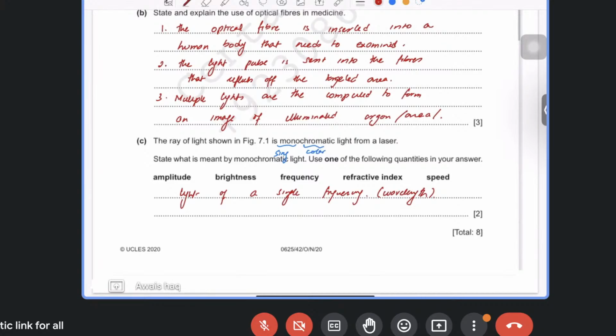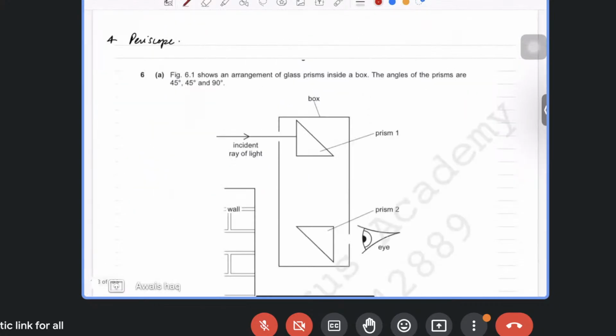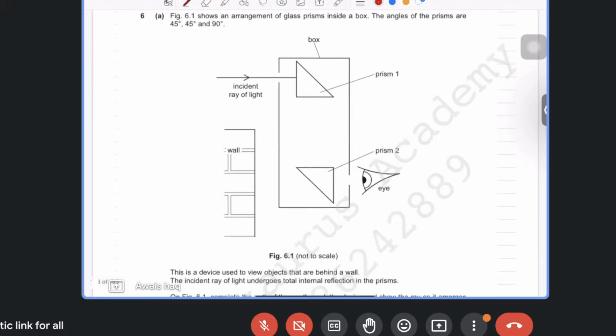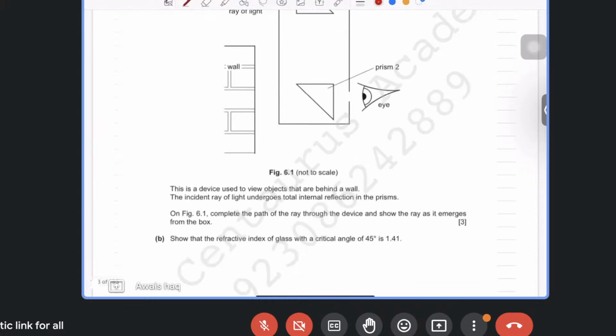Then you also have periscope. Periscope is a device that can help you look at things which are higher than your height. And in this sort of periscope, this person is looking across the wall, and obviously he can't see it directly, so he uses a periscope. So first of all, it says complete the origin.